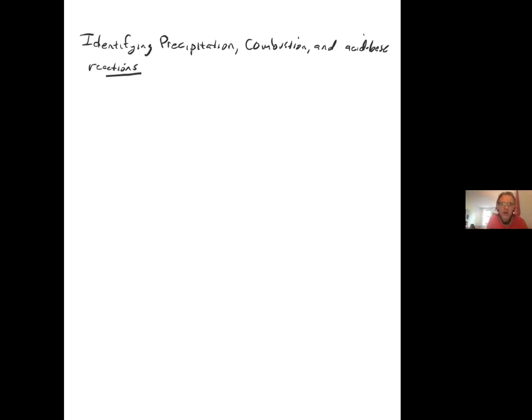So this is called identifying precipitation, combustion, and acid-base reactions. Okay, it's not that hard, but it's very easy to make mistakes on it. So let me show you an example.